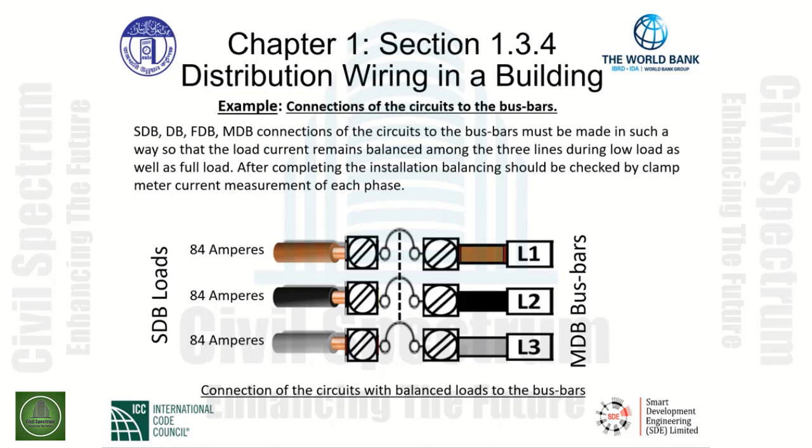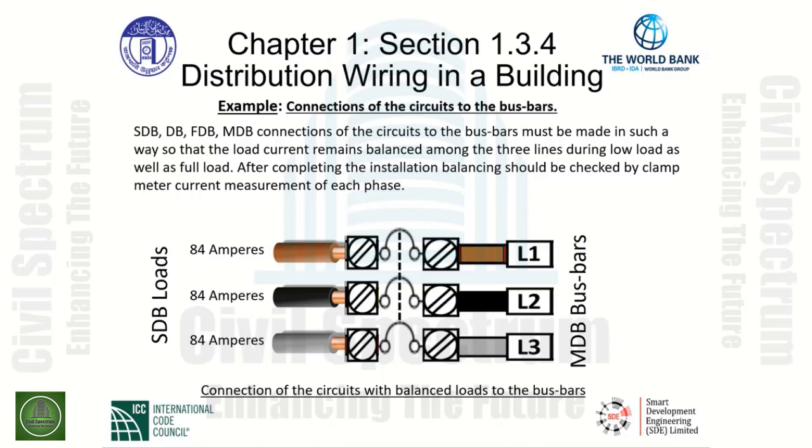An example given here is connections of the circuits to the bus bars. After completing the installation, balancing should be checked by a clamp meter current measurement of each phase. The previous code section indicated that we need to balance the circuits, the conductors, especially in three-phase systems.